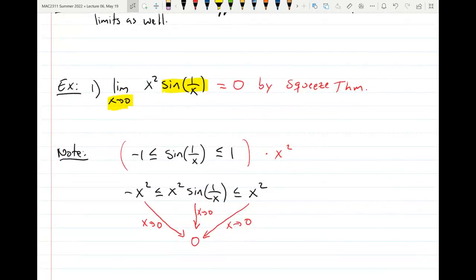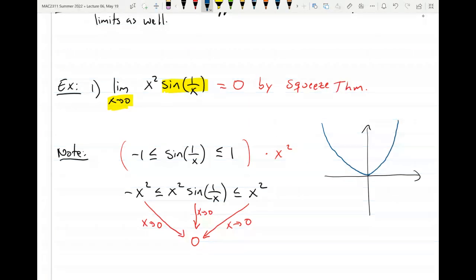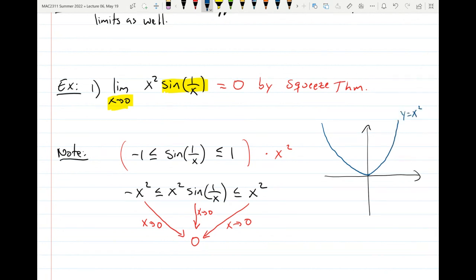Before we move on, let me show you what's going on. If you think about the graph, we have the function x squared over here. This is y equals x squared. That's our function h, the big one. Then we have our function negative x squared over here.